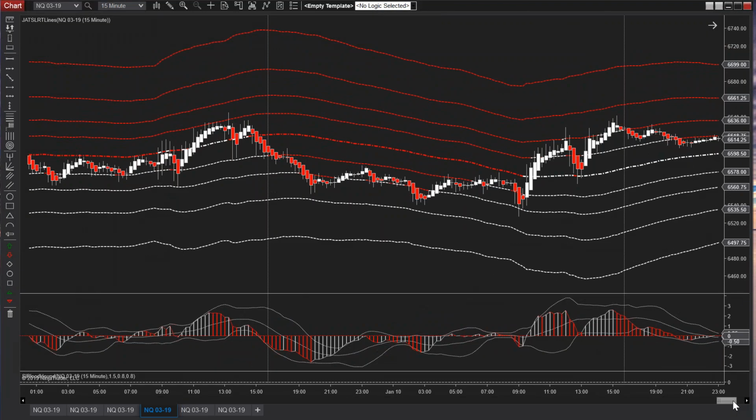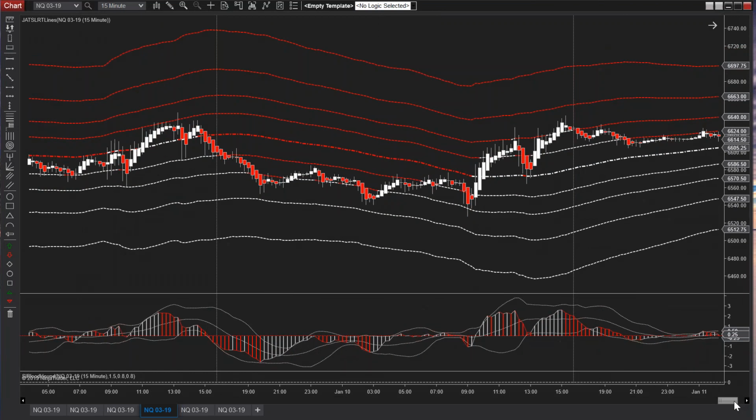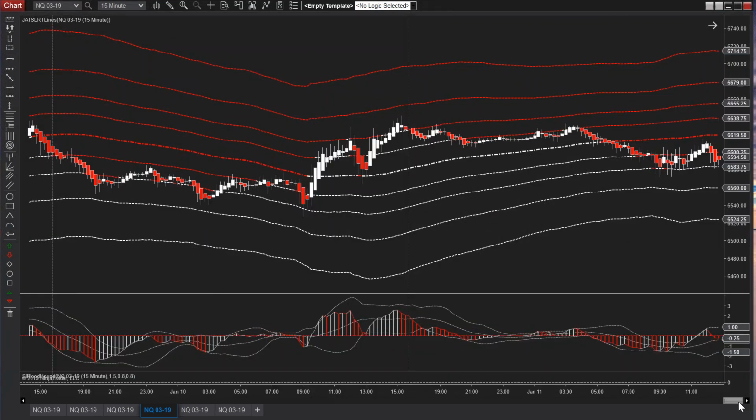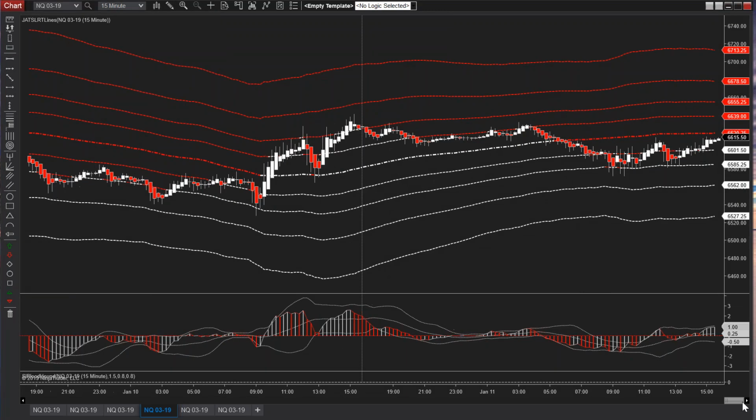market did not respond very much on that CPI report because it was really flat. So you got a flat market, and it just was not much to trade, except knowing that this level 2 on the 15-minute was holding.